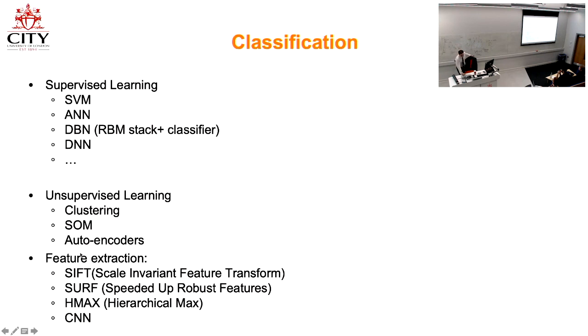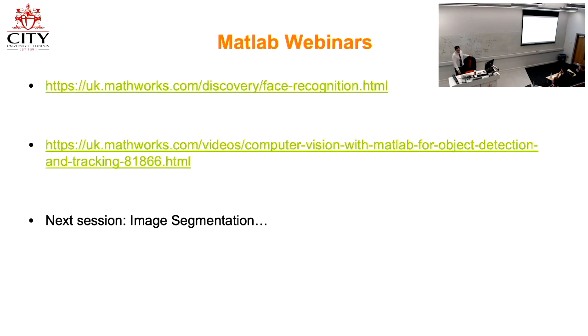And we will learn about more feature extraction models and CNNs, which are a classification model, and they also build their own features in line. They don't use external features. There are some webinars on the MathWorks website. So if you are interested in face recognition, which I assume you all are, you can watch this 1 hour video and it does your coursework for you.